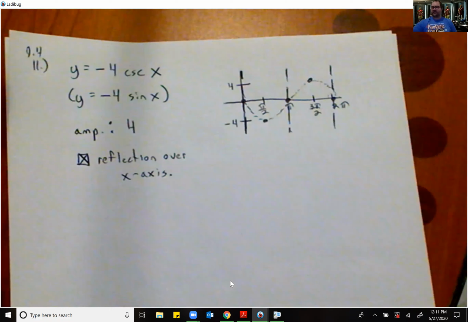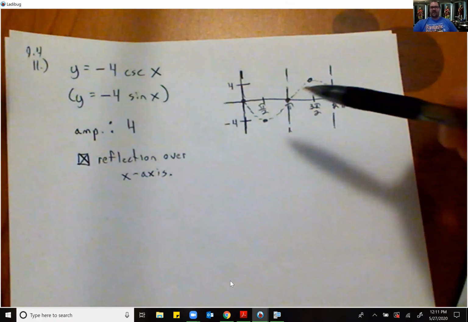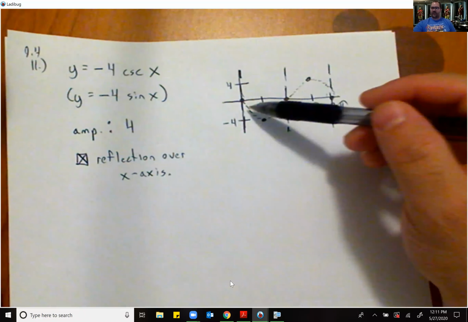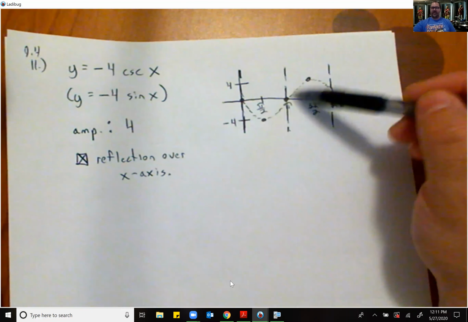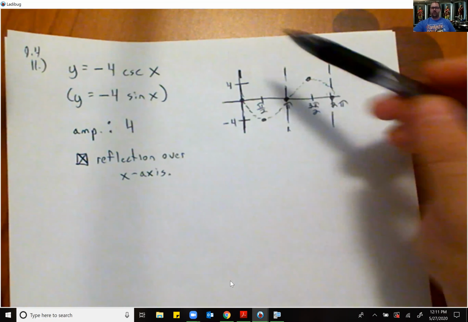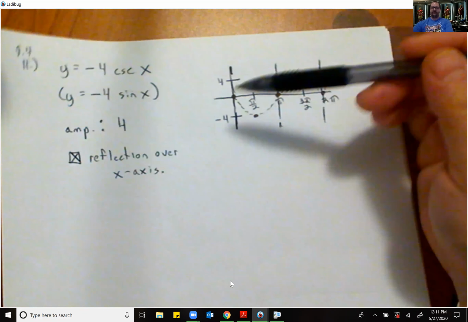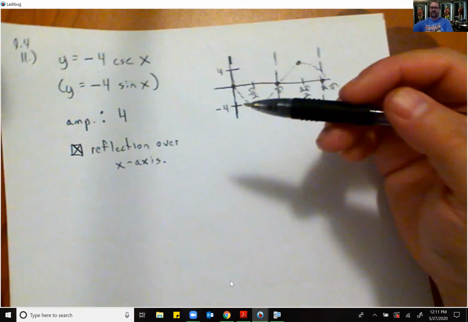Now, notice that when I've drawn in those asymptotes, it's cut my graph. I have this little kind of quadratic right there, and I have this quadratic. Remember that sine is a reciprocal of cosecant. So reciprocal just means flip it. So flip these.